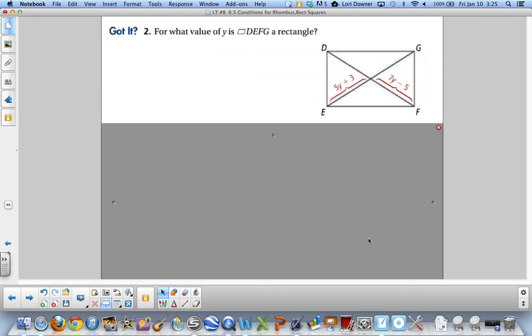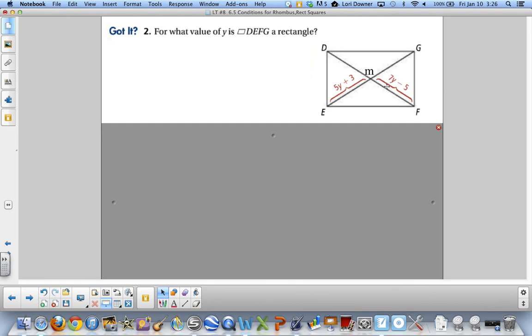Similar to this problem, I would like you to look at this one. For what value of y is parallelogram DEFG a rectangle? If I know I have a rectangle, then this point right here is cutting it, so we'll call this point M. We know EM is congruent to MG, and DM is congruent to MF.